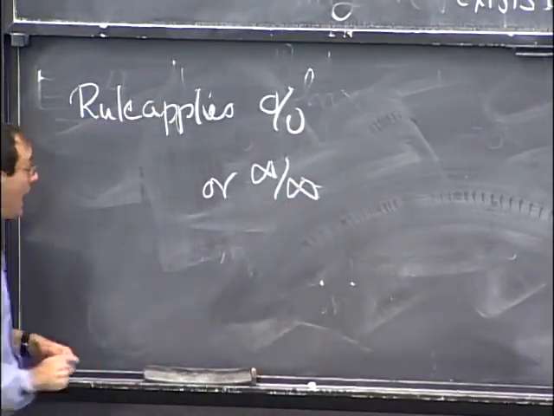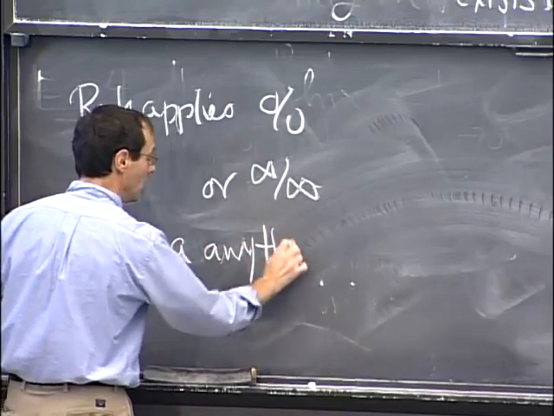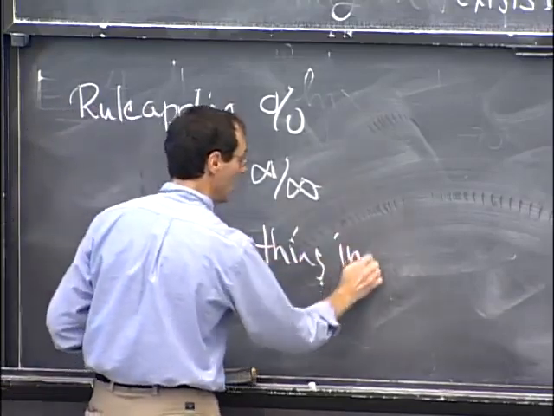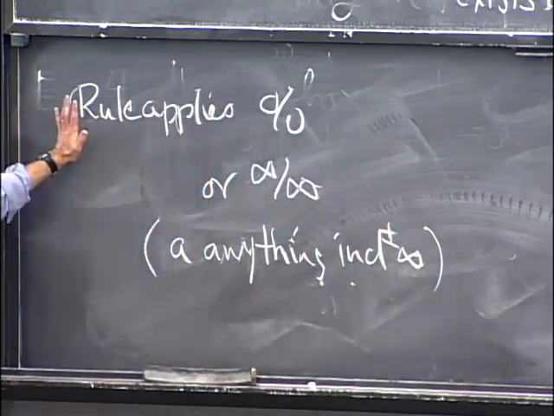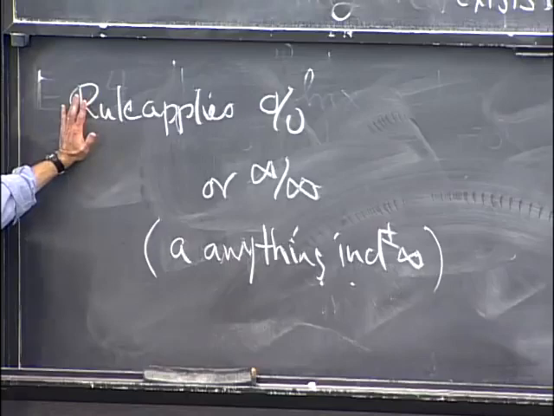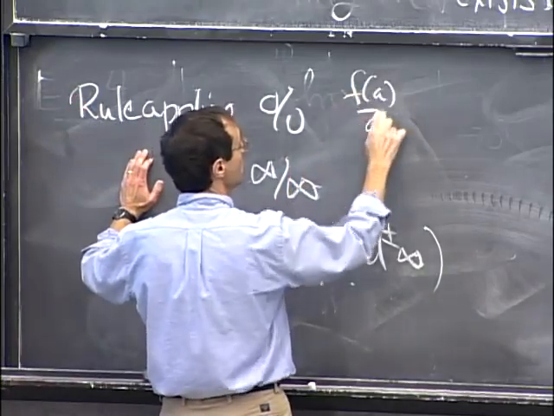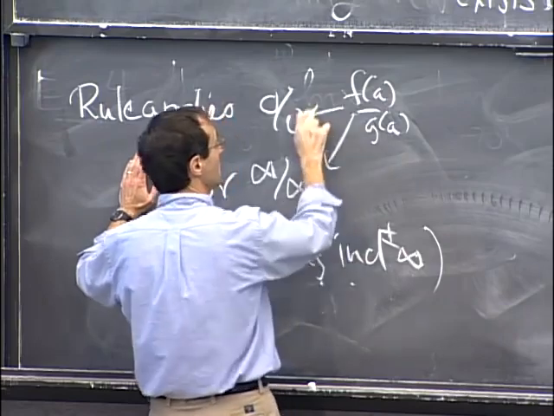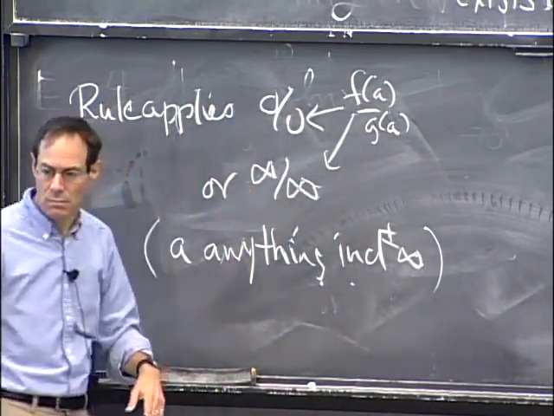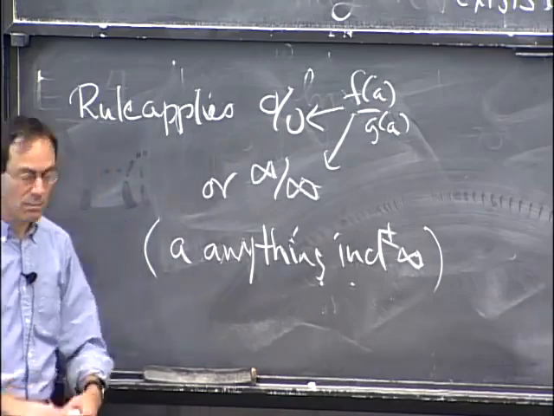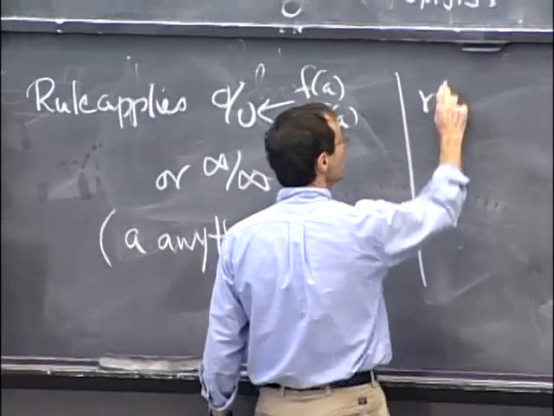Okay? And a can be anything, including infinity, plus or minus infinity. Okay, the rule applies in these two cases. So in other words, this is what f of a over g of a is, either one of these. And in fact, it can be plus or minus. And the right-hand side has to be something.